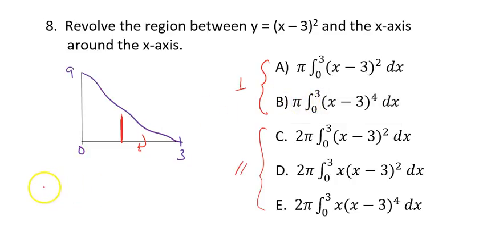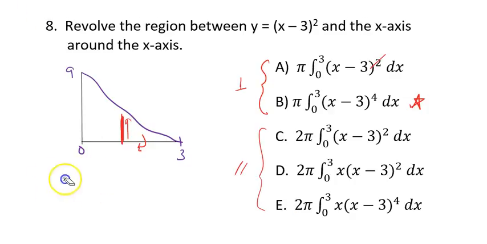So if you remember, when you do that pi r squared formula for a perpendicular setup, our r in this case would be that function. Well, the function is squared, so it would be x minus 3 squared squared. So if it's going to be one of these two answers, it's going to be the one with the 4th power. So we're going to star this one and we're going to cross this one out because of that squared power.